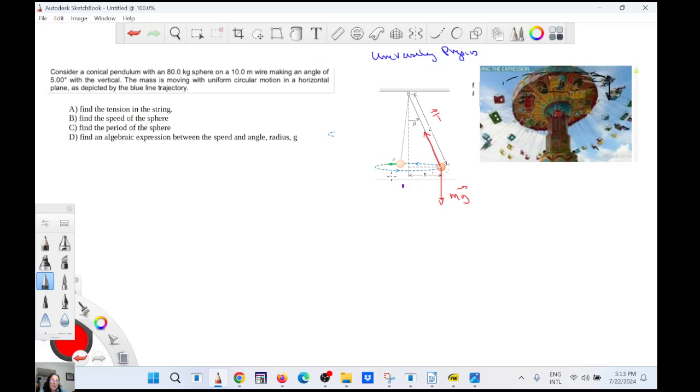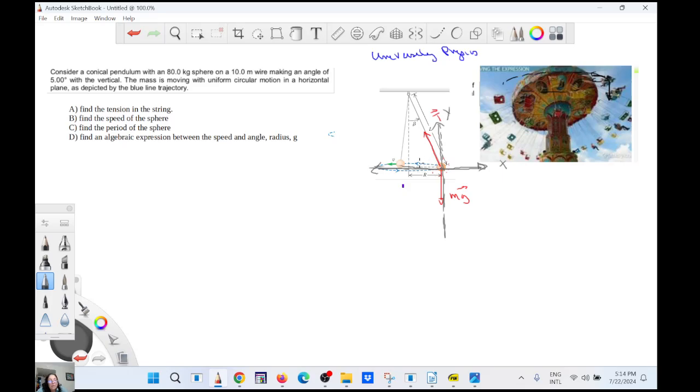When you have a circular motion like this, you always want to choose your X-axis along the R. So that will be your X-axis here. You can take the plus here, the minus there. And the Y-axis is perpendicular to it.